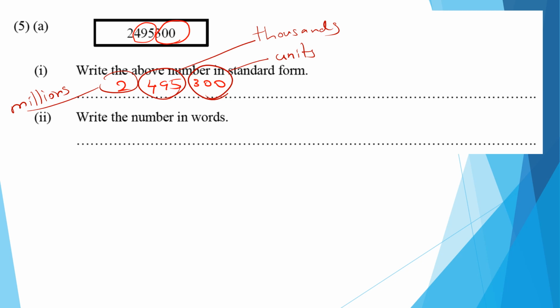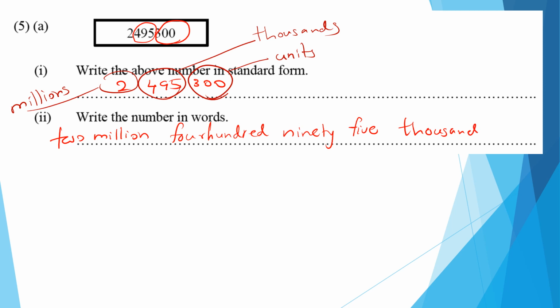Therefore, if you want to write this number in words, you have to write like this: 2 million 495,300. This is how you can write this number in words.